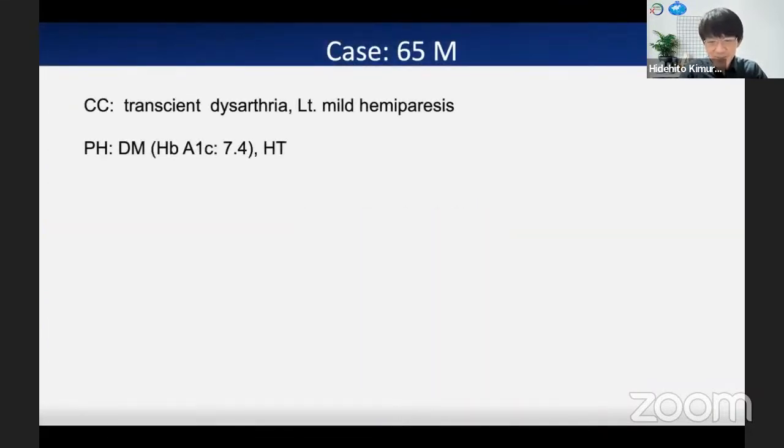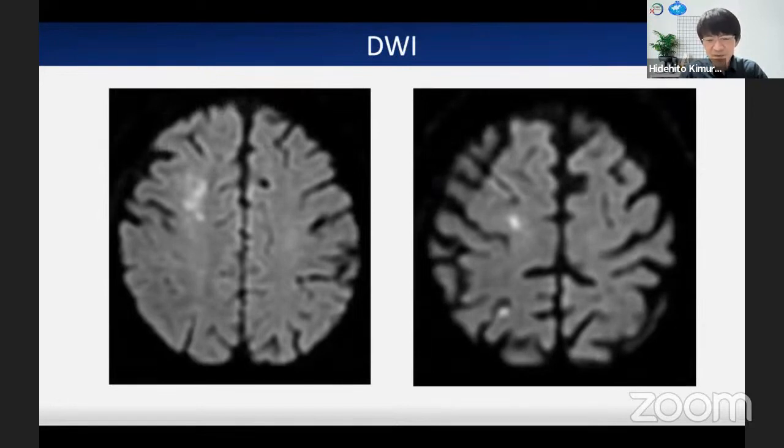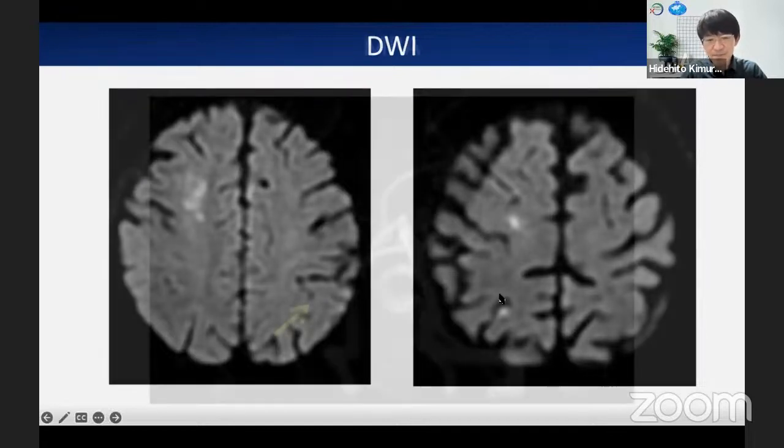And for the ischemic patient, a relatively illustrative case is a 65-year-old male who suffered a transient left mild hemiparesis. He had diabetes mellitus and hypertension. The diffusion weighted image showed small scattered lesions in the right frontal parietal region.